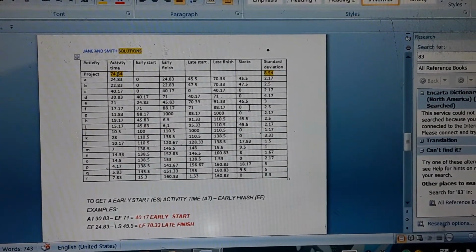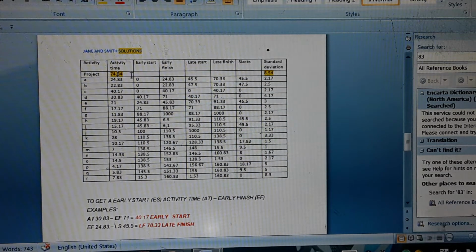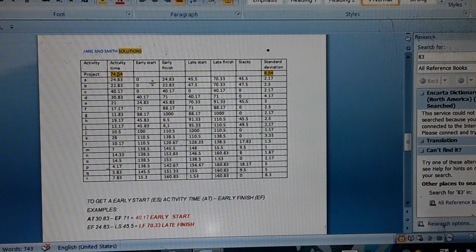So now we can proceed to the early start, early finish, and activity time. To get the early start, we need to subtract the activity time from the early finish. But if you can see the zero, it is the same amount as the activity time in early finish, so it is automatically zero.